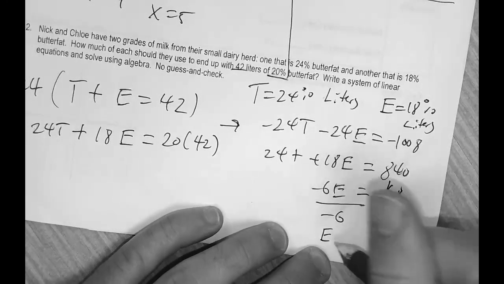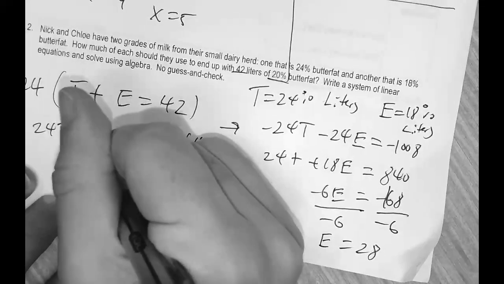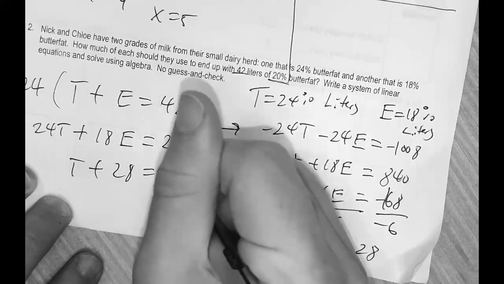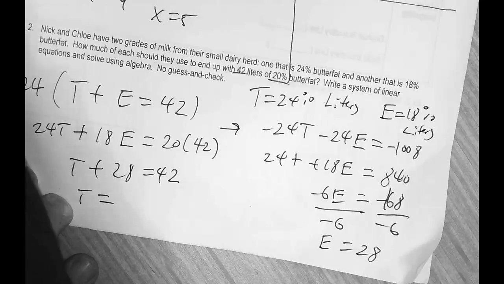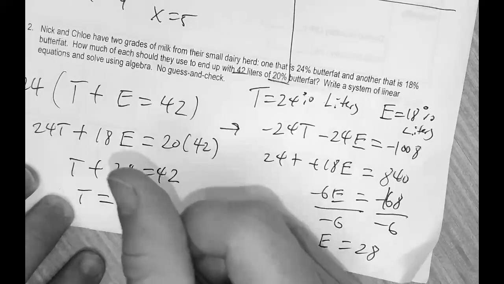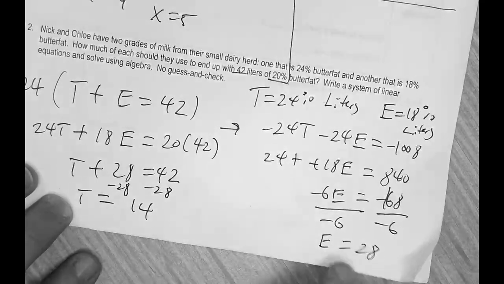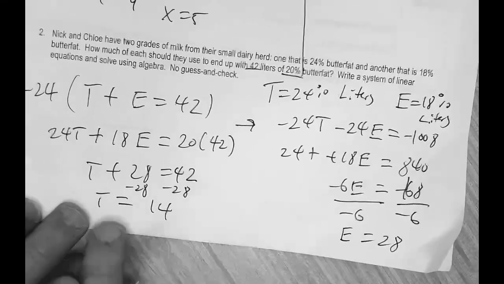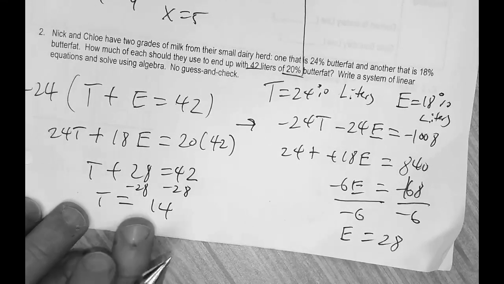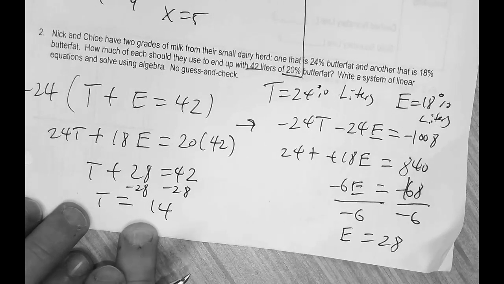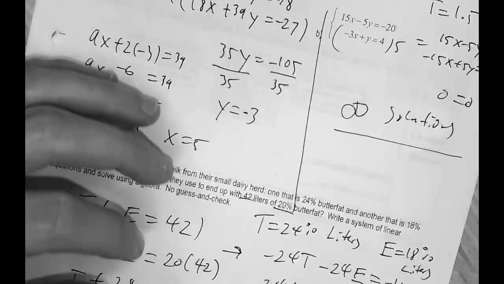So E is 28, and T plus 28 equals 42. That means that T has to equal 42 minus 28. That must be 14. Okay, so it must be 28 liters of the 18% and 14 liters of the 24%. Okay. All right. That is lesson 5.3.